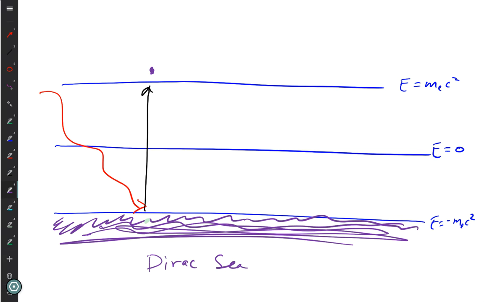We have electrons filling every place in this Dirac sea, but they have these negative energies, and we don't interact with them. But if light of the right energy hits there, it will move the electron from the bound energy state to an unbound energy state, where it's a free electron. So things up there in the top are free electrons.